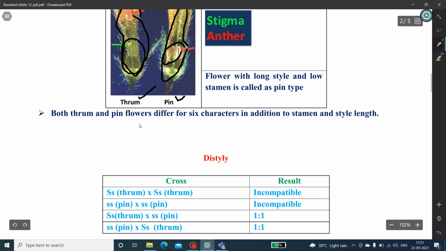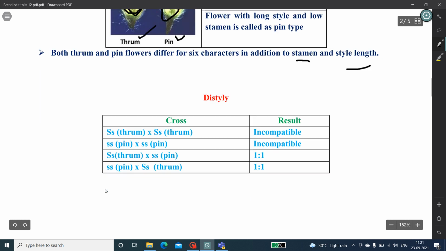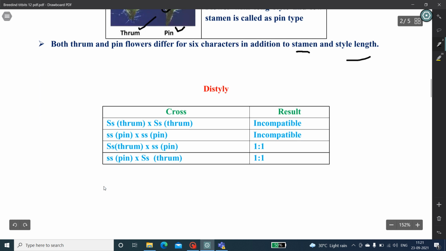Both thrum and pin flowers differ in 6 characteristics in addition to stamen and style length. The incompatibility mechanism in distyly is explained in this table. The thrum has the genotype capital S small s.